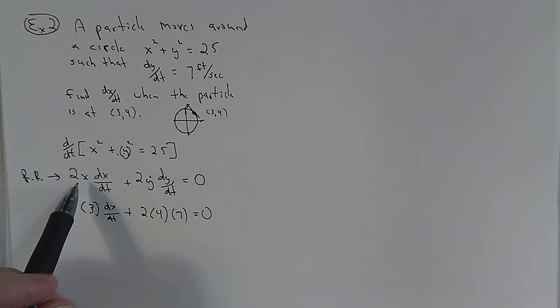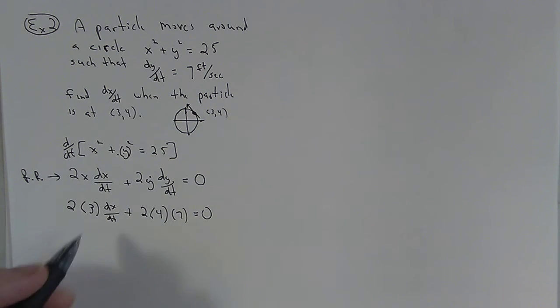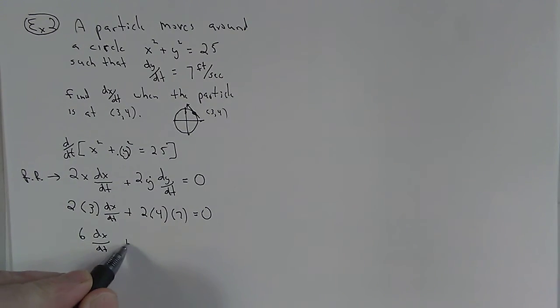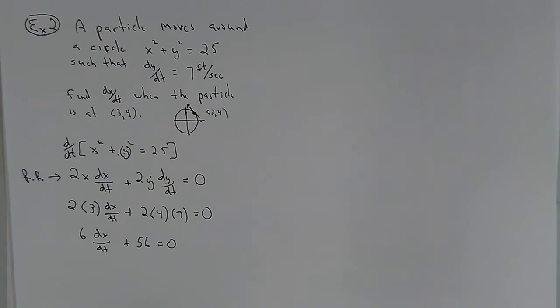Now if I wanted to, I could have divided this entire equation by 2. But so 6 dx/dt plus 8 times 7 is 56 equals that. Now I want to solve for this variable here.